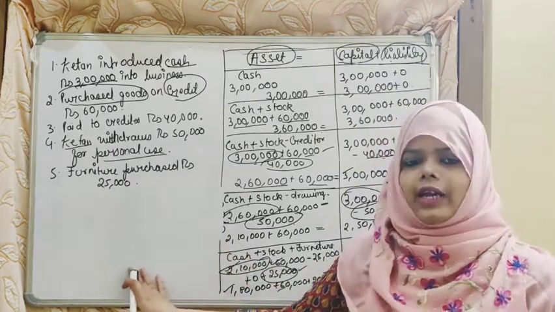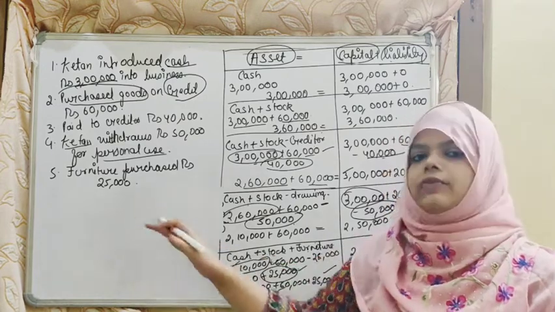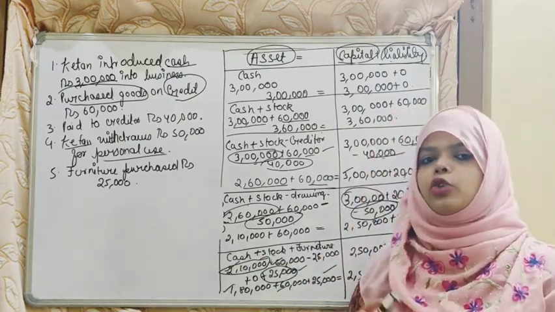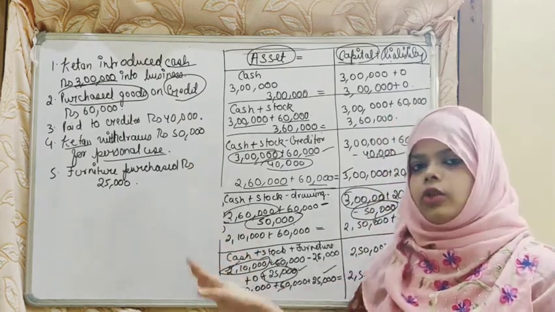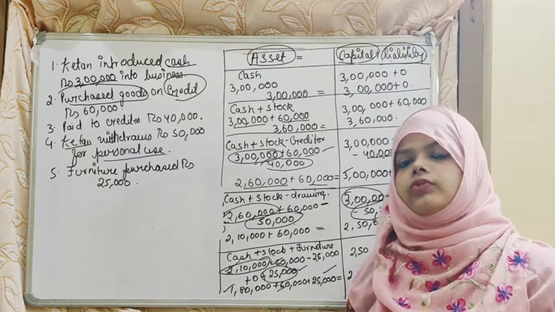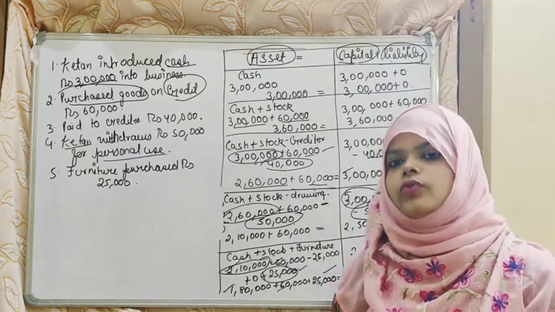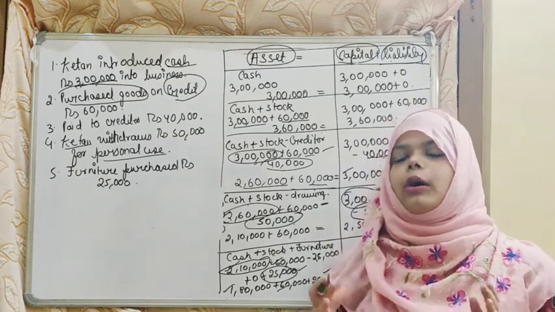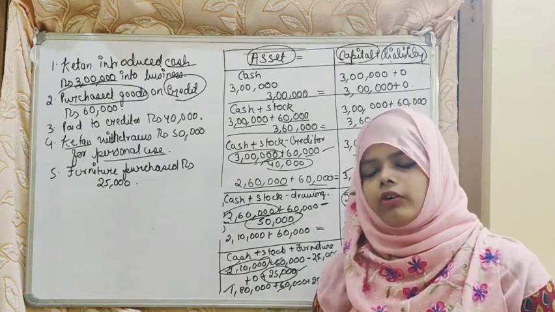There are a number of transactions after this also to get a proper equation, but these 5 are the initial, the starting of the accounting equation. Just to make you understand, I have written these 5 transactions only. There are further transactions which we are going to discuss in the next class, because in a series of videos we try to, as you are non-commerce students, make you understand how these transactions work and how to prepare an accounting equation.